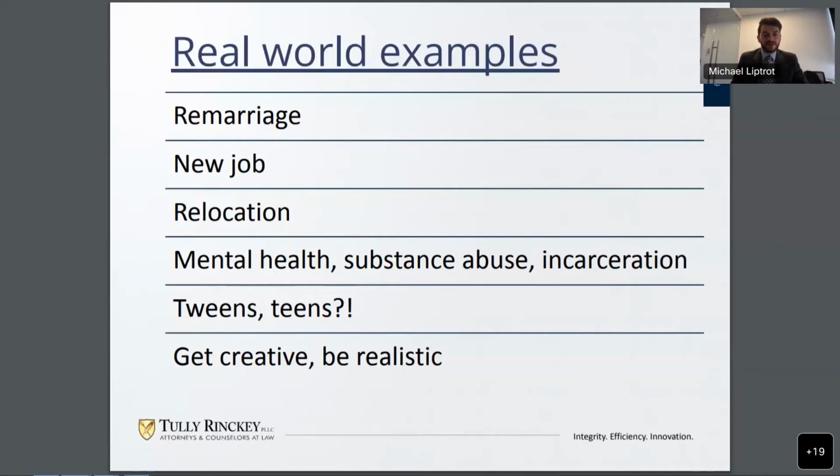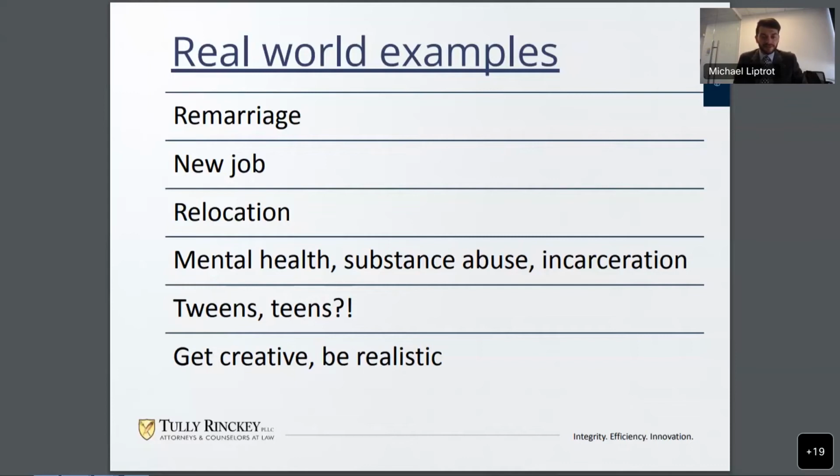And so a relocation is going to almost always require some sort of modification, whether it be by court order or written agreement.